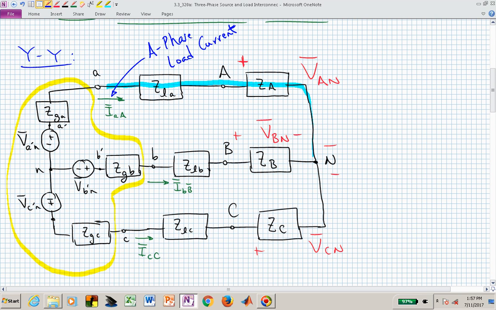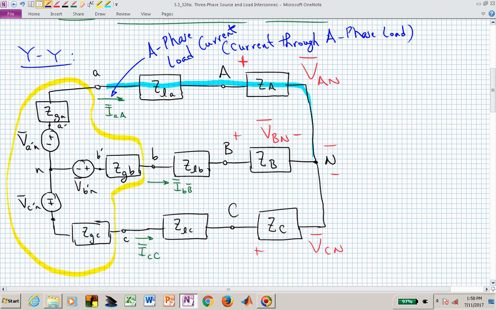That won't be true in general, but here I sub little a capital A is the current that goes through the A phase of the load.